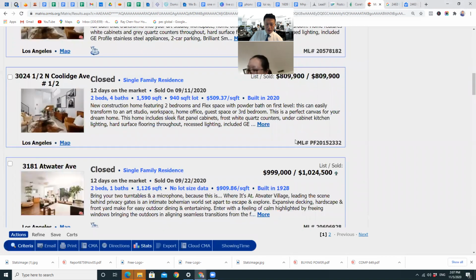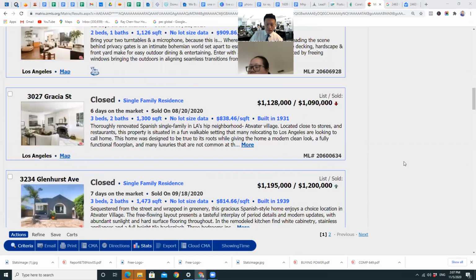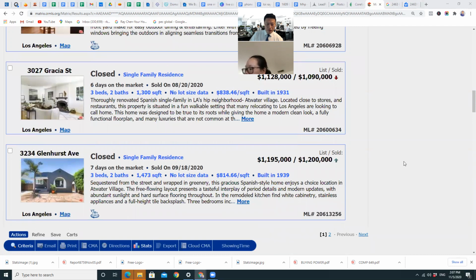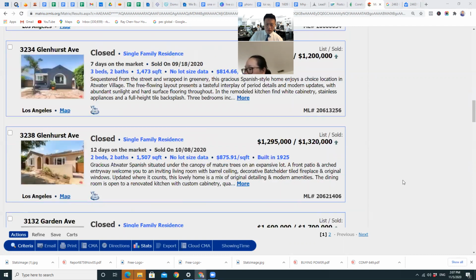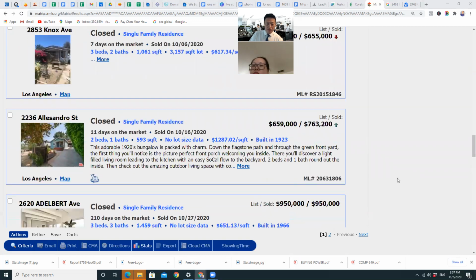Now I'm going to check how many more people pay. 990, so 25,000. 1.19 million, 25,000. 1.95, 25,000. 1.6 million, 100,000. 659, 660, 100,000. You see what I'm saying? People are paying 100,000 over asking, and you didn't find out.